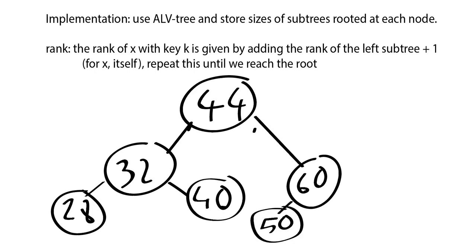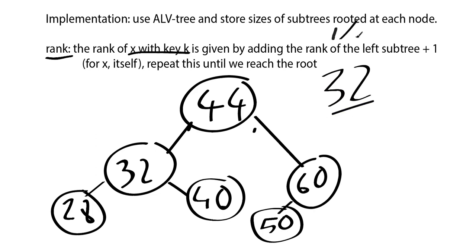Okay, so let's take this as an example. So this is our example, and we want to get the rank of x with key k. So let's say we want to get the rank of 32.